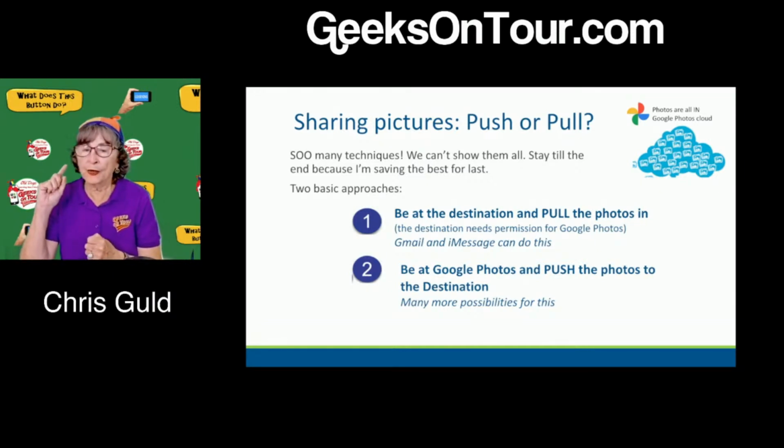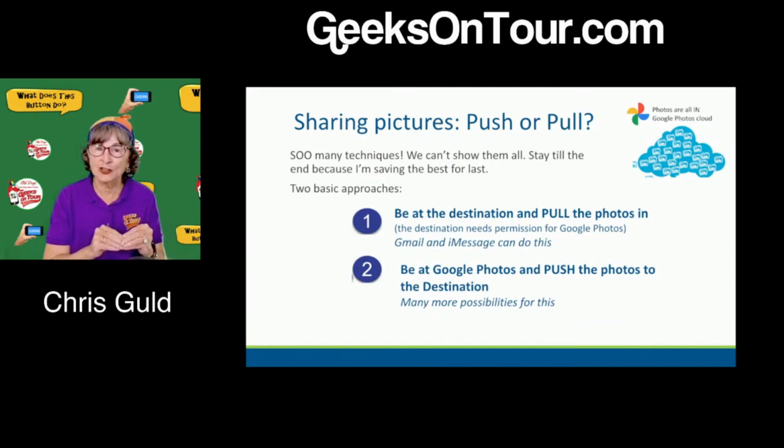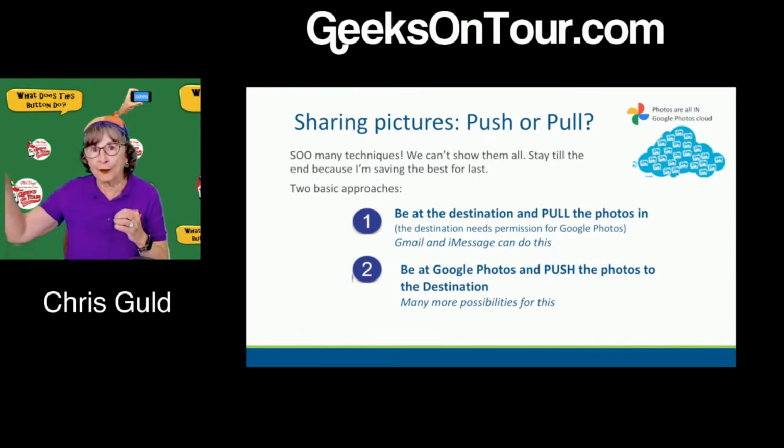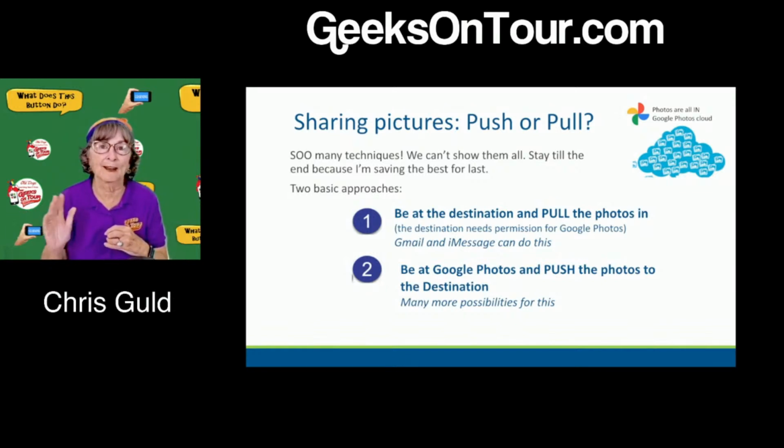So there's two ways of getting them somewhere. You can either be in the destination and go get, I call that pull, a photo from your Google Photos. Now, in order to do that, the destination app needs to have permissions to your Google Photos. So that's what's not going to work everywhere. I will demonstrate.